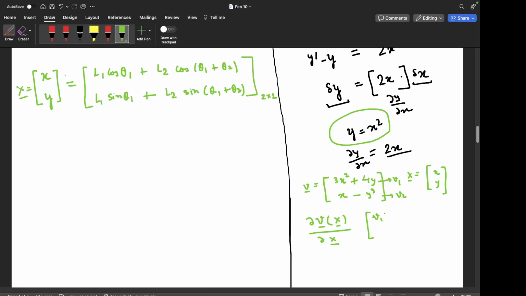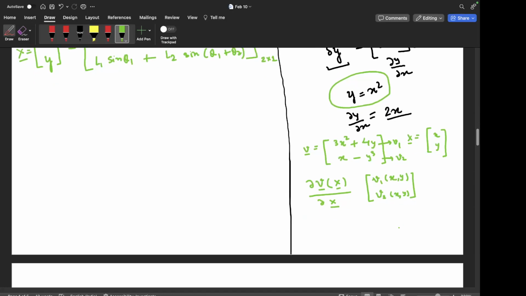Now each of these expressions, the first element of v and the second element of v, are scalar expressions, right? So this is a scalar expression, a function of x and y, and the second element is also a scalar expression, a function of x and y, okay?